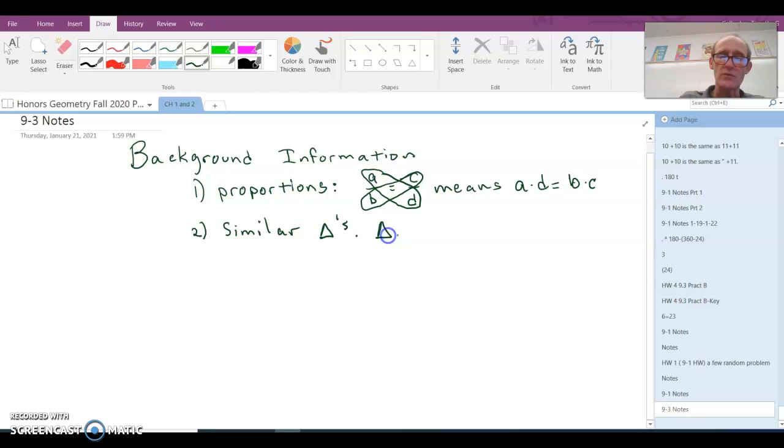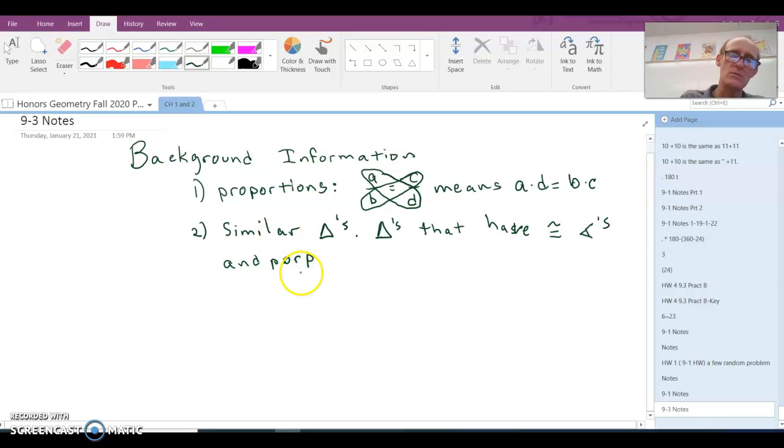These are triangles that have congruent angles and proportional side lengths.